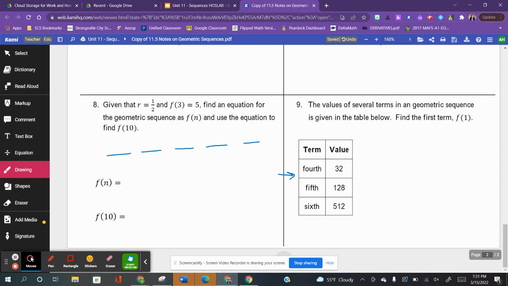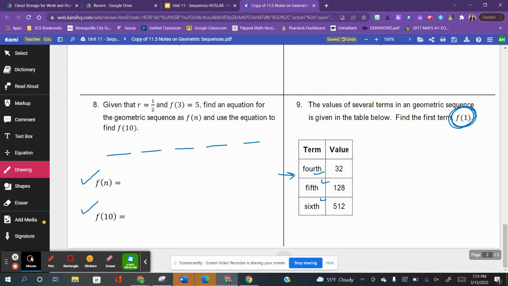But either way, you're going to use the information to figure out a general equation and then evaluate for that general equation. Okay, same idea here. You're given the 4th, 5th, and 6th numbers. So if you want to make a list, you can, or you can just go right from here to find what you need. And your job is to use your information in order to find the first term.